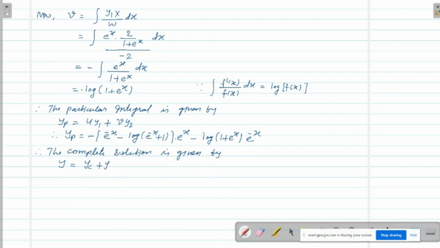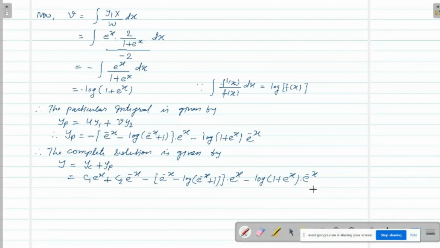The yc we found is c1 e raised to x plus c2 e raised to minus x, plus the particular integral: minus e raised to minus x minus log of e raised to minus x plus 1, into e raised to x, minus log of 1 plus e raised to x into e raised to minus x.